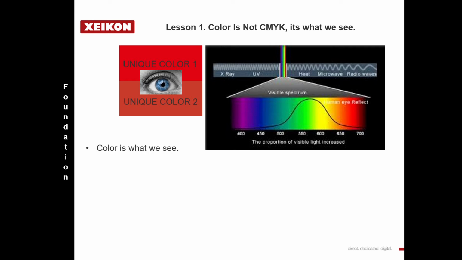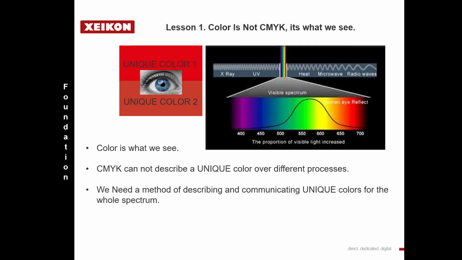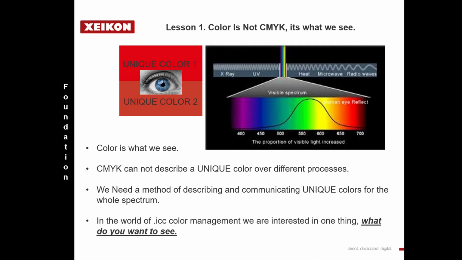So in summary, colour is what we see, and we can't rely on CMYK to describe that. So there is a need for a method to describe every colour. And one of the most important things in the whole world of colour management is this one question. Mr. Customer, what would you like to see?